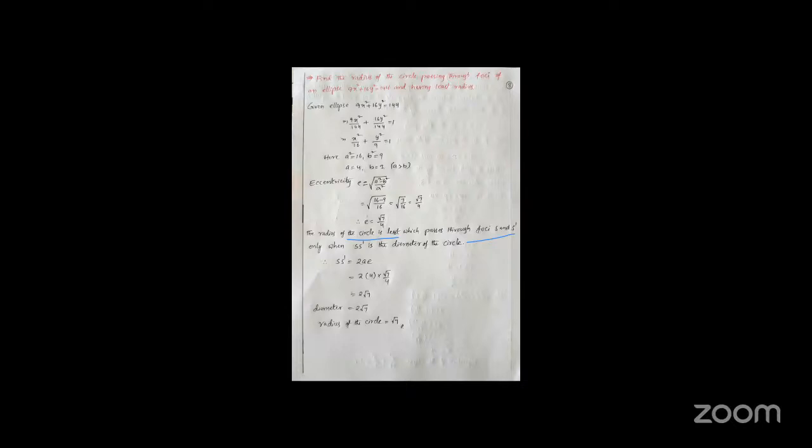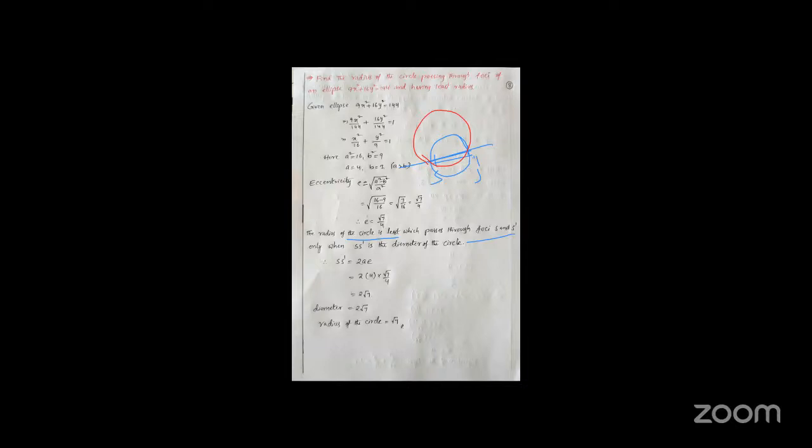It is given that the radius of the circle should be least, and the circle is also passing through the foci. This is possible only when the circle passes through the two points S and S dash as diameter. For example, if we draw another circle which is passing through these points, it may have a larger radius.